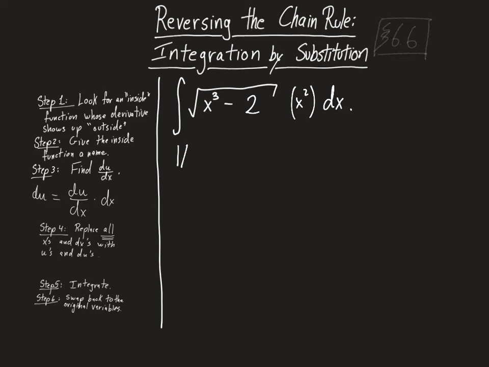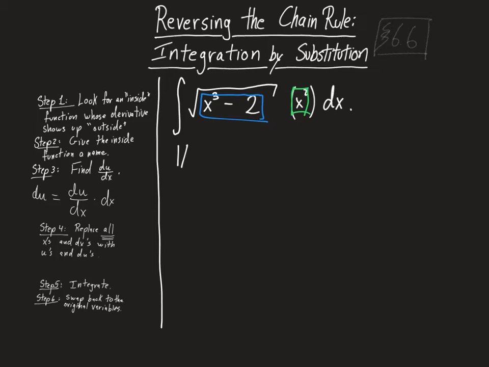Look for an inside function whose derivative shows up on the outside. Now, clearly the inside function in this case is going to be x cubed minus 2. And when you look for its derivative outside, we can find an x squared, which seems to be the derivative of x cubed minus 2, but we're off by a little bit. Now, we're going to come back to that later. Don't worry about that for now.